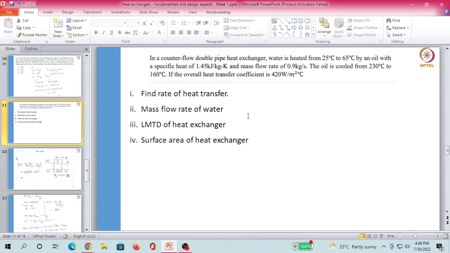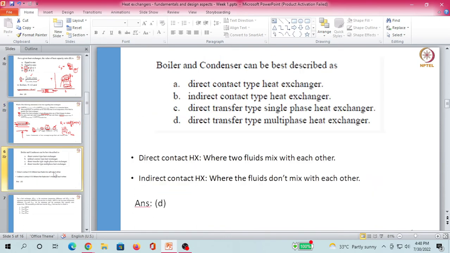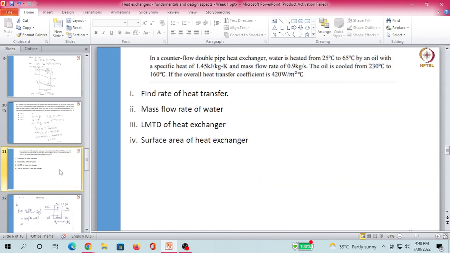Okay. Now I think you can find out the mass flow rate of water. People who have calculated heat transfer rate, now you can calculate mass flow rate of water. Sir, will you please show the screen for the question?